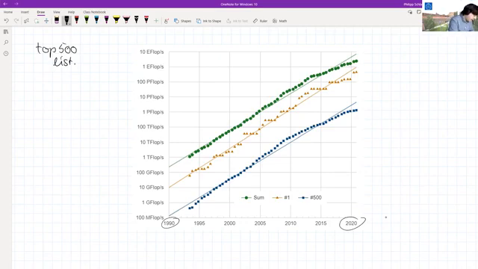What you can see here is that the yellow one is number 1. This one here is the computer with rank 500 on the list, and the green one is the sum of the performance of all the computers.